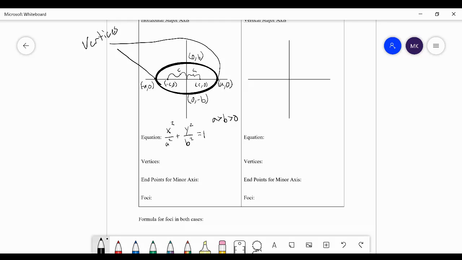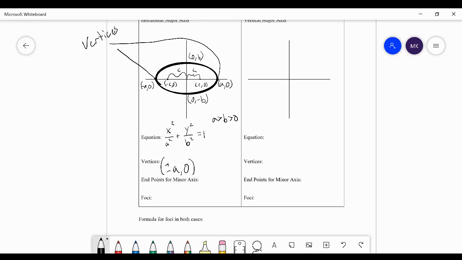So a and b both have to be positive, and if a is bigger, we have a horizontal major axis, short and fat. Our vertices are plus minus a comma 0, the endpoints of our major axis.